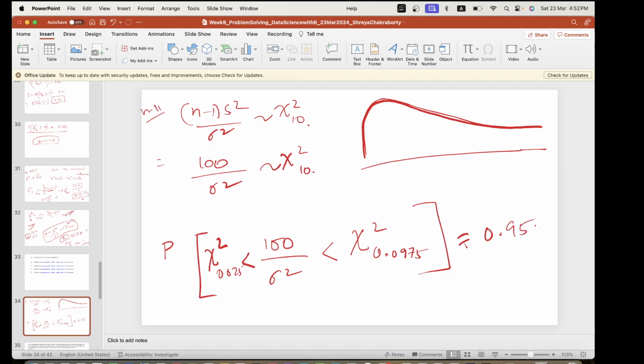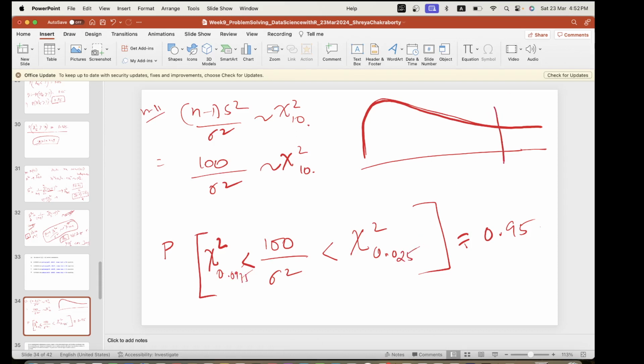Do you agree with me? I'll write this one as chi-square 0.975 and this one as chi-square 0.025.